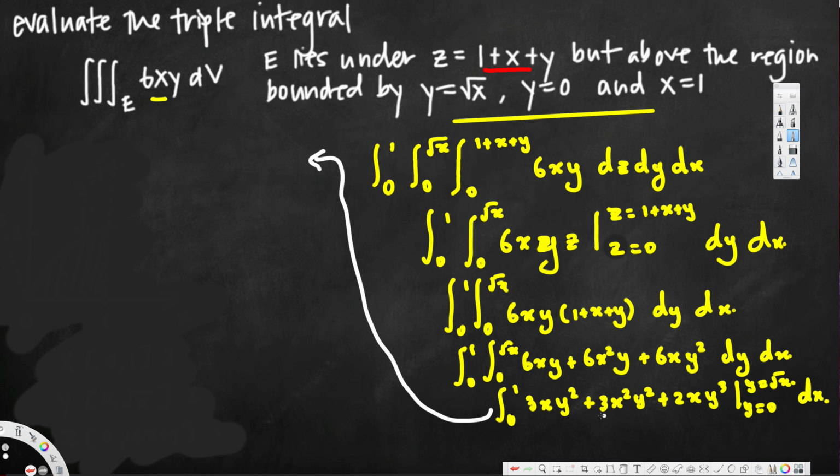Okay, now let's plug the square root of x. So here we're going to have 0 to 1, and if we plug square root of x instead of y, this is going to become square root of x square, that's going to turn into x, so we will get 3x square, and here we have 3x square, and square root of x square, that's going to turn into another x, so we will get 3x cube, and here we have 2x and square root of x cube, so square root of x square is x and another x power half.